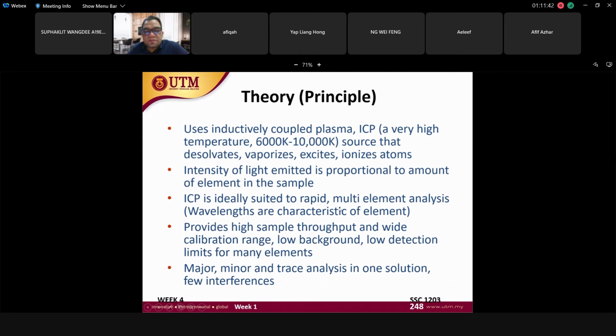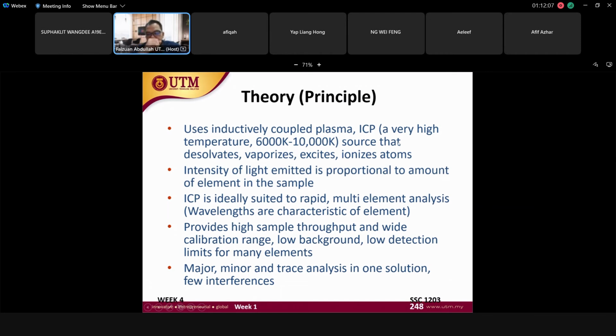It is between 6,000 Kelvin and 10,000 Kelvin. The intensity of light emitted is proportional to the amount of element in the sample. This is the theory for ICP OES. So ICP is ideally suited to rapid multi-element analysis.